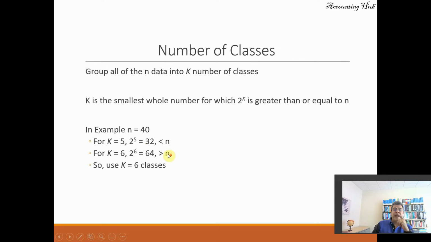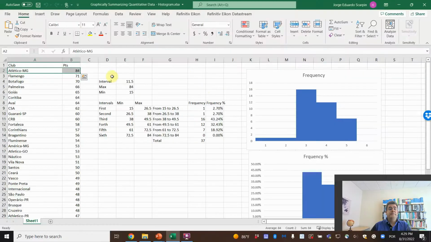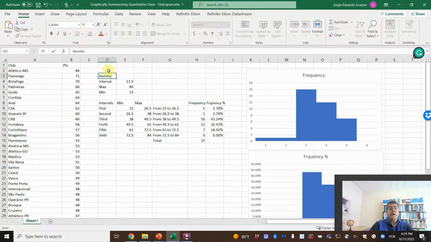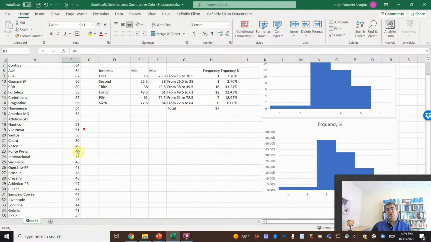How do we find the class length? Find the length of each class as the largest measurement minus the smallest measurement, divided by the number of classes. So here, the number of classes is 6. Here it is easy to find the maximum and the minimum because they are ordered.